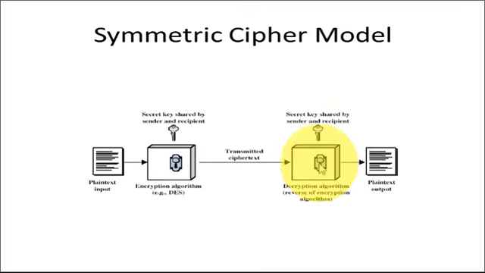For decrypting the message, he has to use the same secret key which is used by the sender for encrypting the message. This key should be the same. These two are common keys, that is the same key, private key. So we say it is symmetric encryption, the symmetric cipher model. After decrypting the ciphertext using the key, we get the plain text which was sent by the sender.